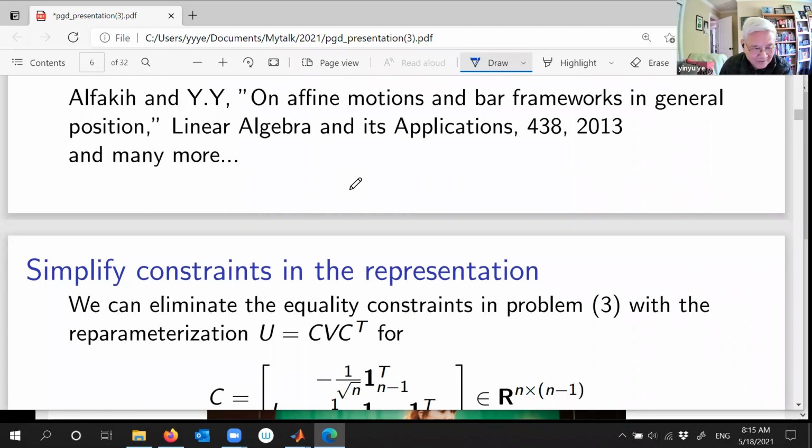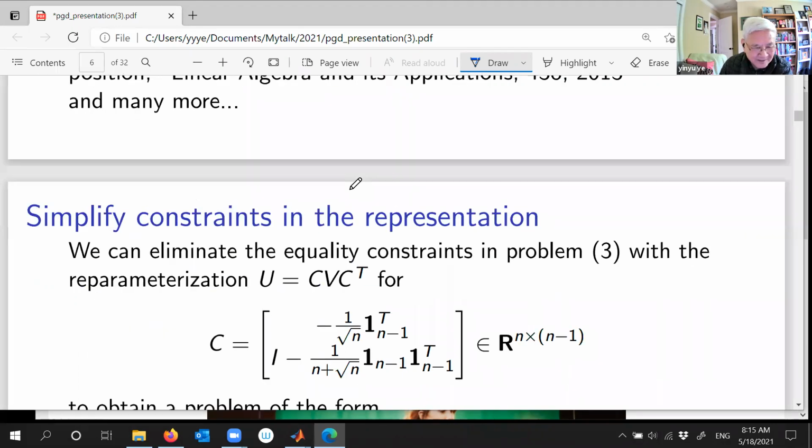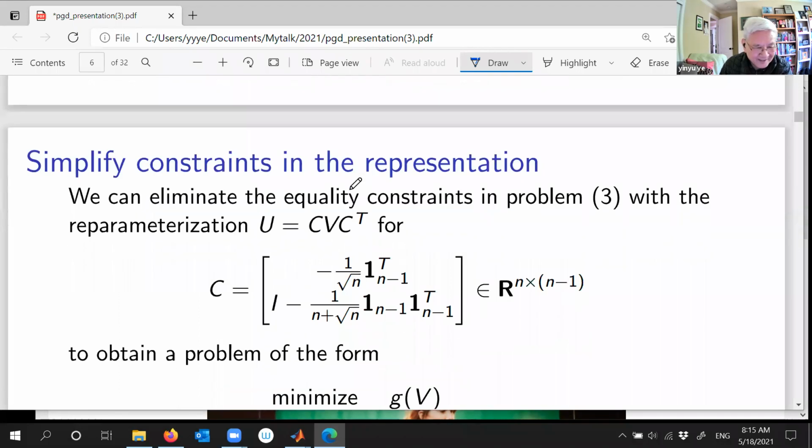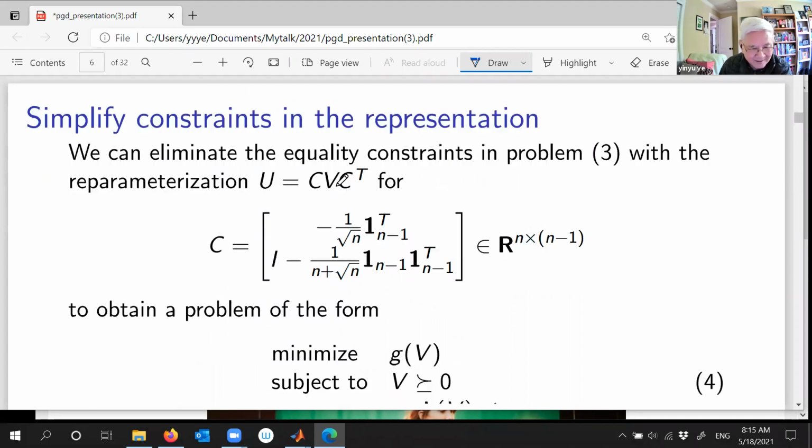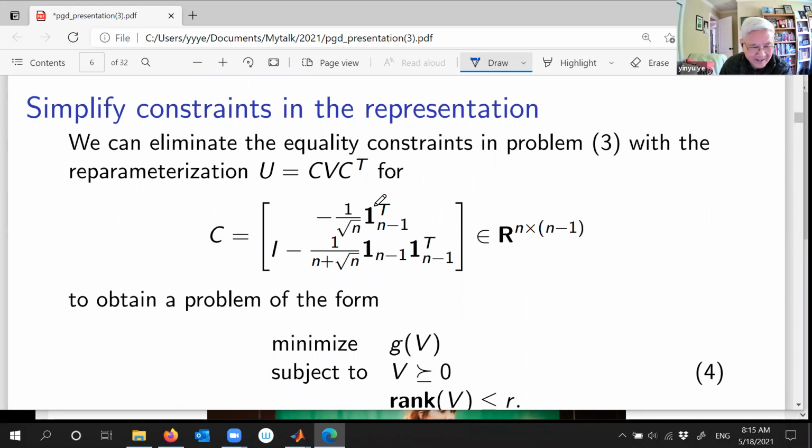What I'm going to do today is just focus on the algorithm side, okay? We can also simplify the constraints and get rid of those linear constraints. Henry probably knows this much better than I do: just do a coordinate translation.